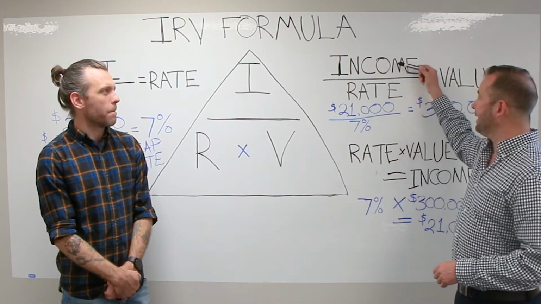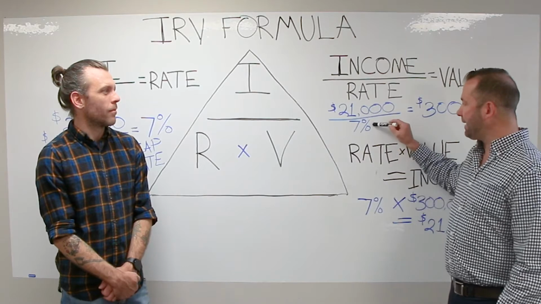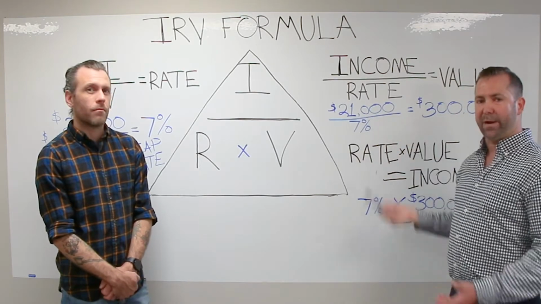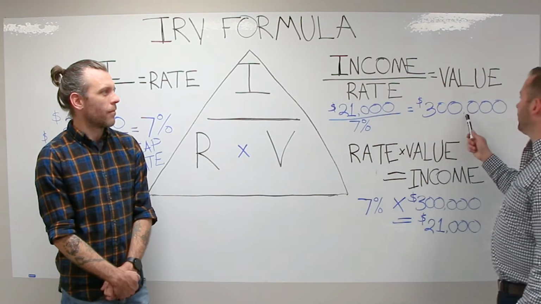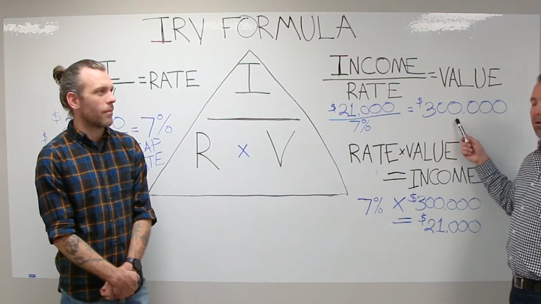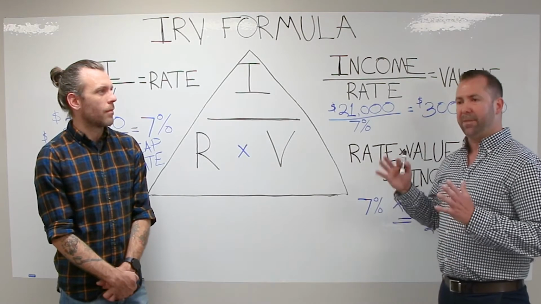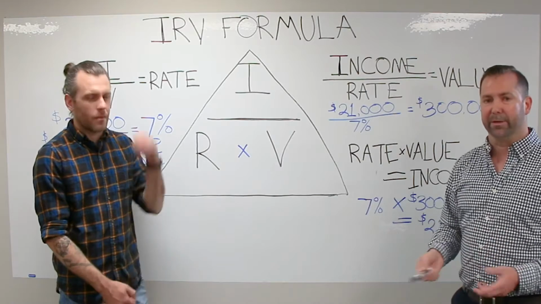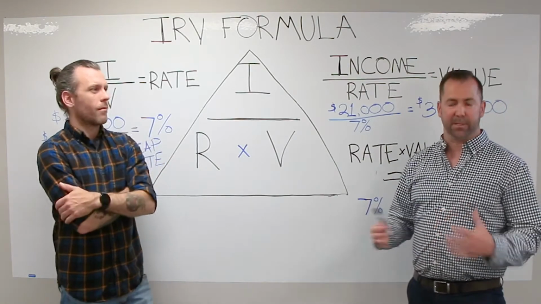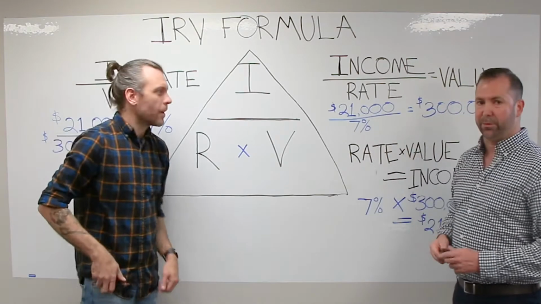So again, you take that income, which we know is $21,000 net operating income, and divide it by 7%, the rate they're telling you the property is performing at, and we come up with a valuation of $300,000. It's also important, when you're dealing with cap rates, to understand the average cap rate for the particular property you're looking for in the particular area you're looking, because it can change based on state, location, type of property, etc. So understanding cap rate is going to be really important.